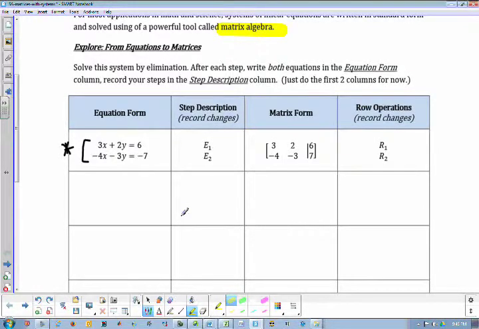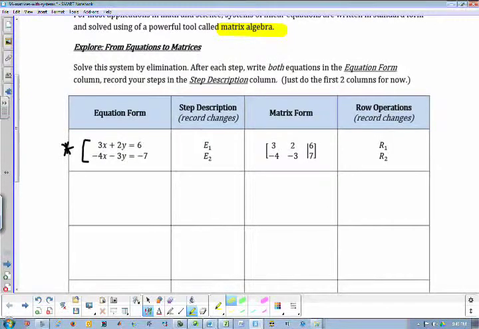So we might say, what do we have to do to make some of the variables match? Well, let's look at the x's here, and let's see if we can make those match. Right now we've got a 3 and a -4, and we would like these to be the same. Well, how about we make them equal to 12 and -12, all right?